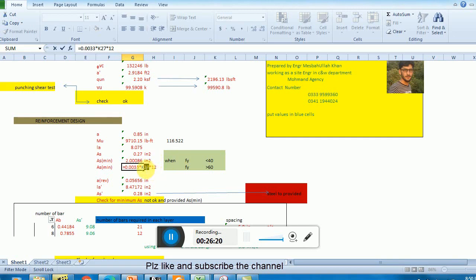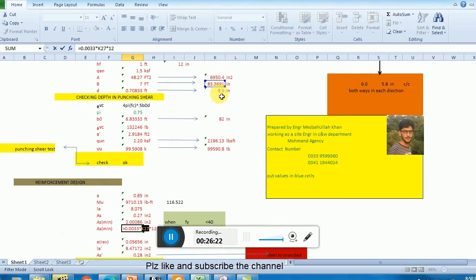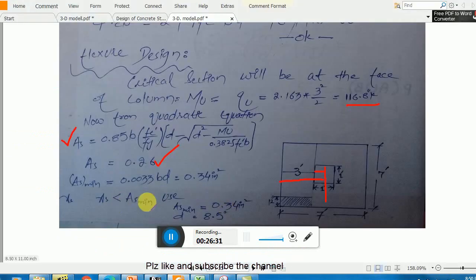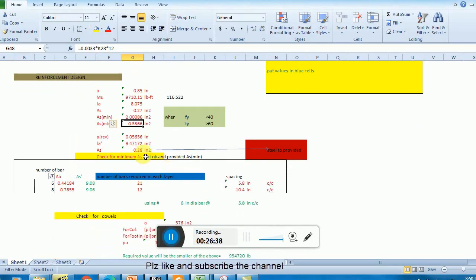And here I also have to make changes. This is my 12 because I'm designing for a 12-inch strip, and this is my D, and this D is now this one. Let me check it. So my AS minimum is 0.34.